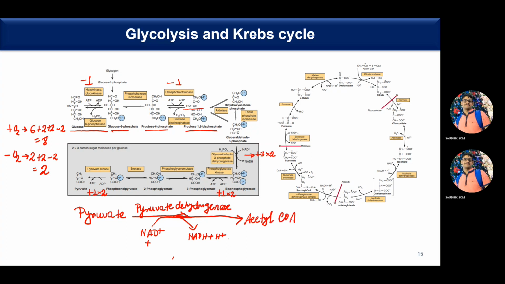Now this acetyl CoA will go to the Krebs cycle.